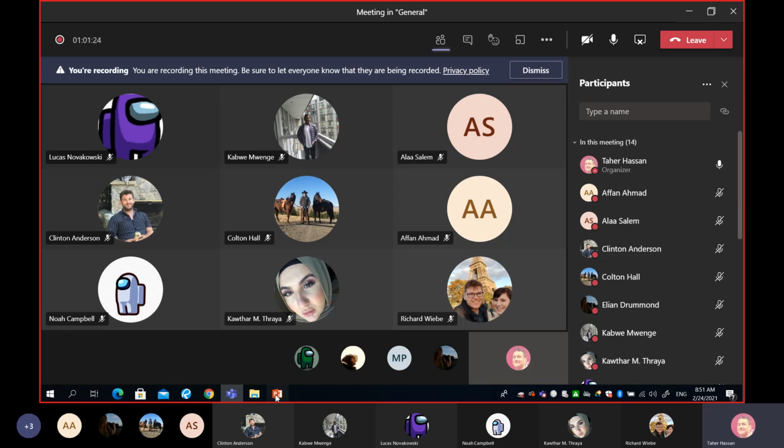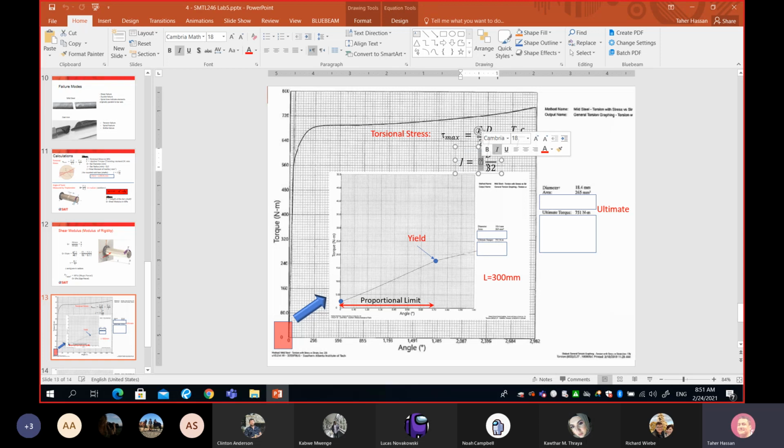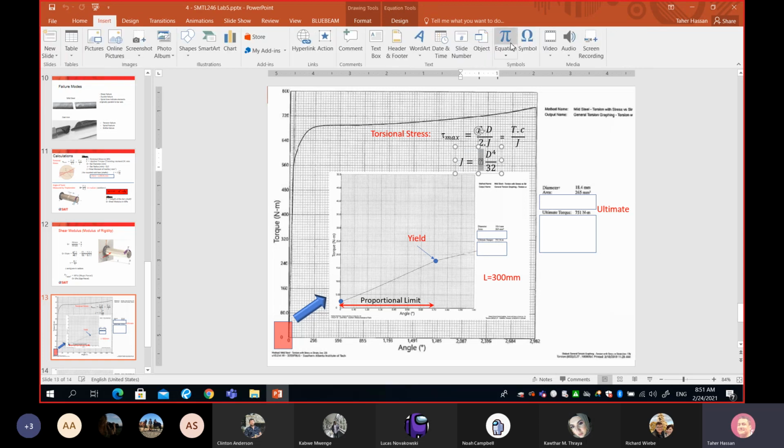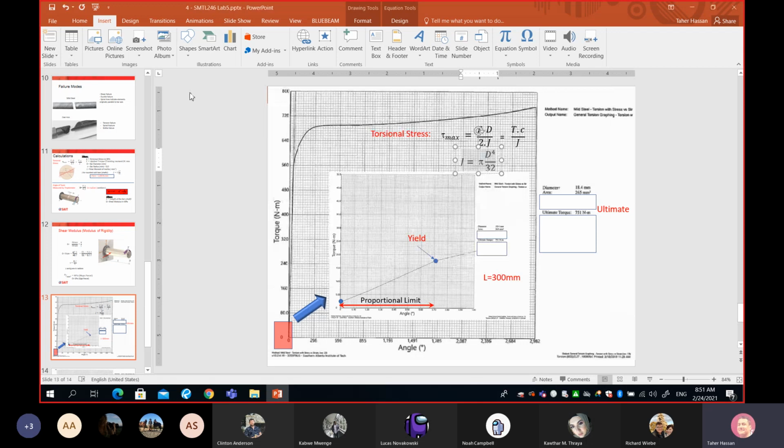Please, before you forget, change this into pi. You can see here J is equal to a question mark multiplied by pi. It's very surprising: no matter how many times I change this one to pi and save it, every time I show my presentation, it turns itself into a question mark for unknown reasons.